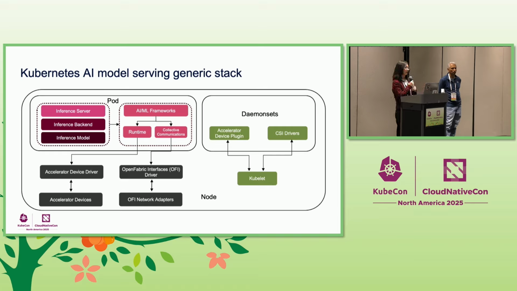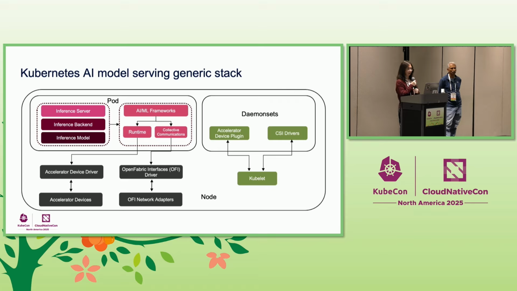And if you shift focus to the right side, where the green boxes are, those are the Kubernetes constructs. The daemon sets integrate with the kubelet so that Kubernetes can schedule pods on the right hardware with the right storage. And finally, at the bottom, we have the device drivers, which connect the server pod to the actual hardware accelerators.